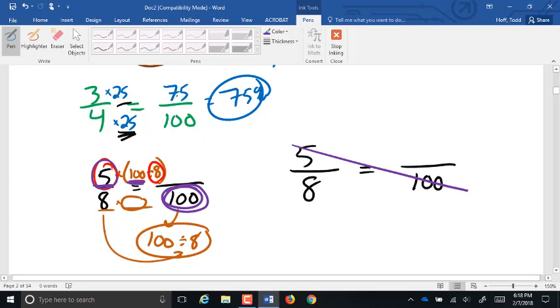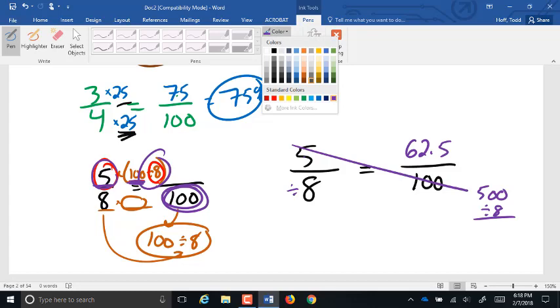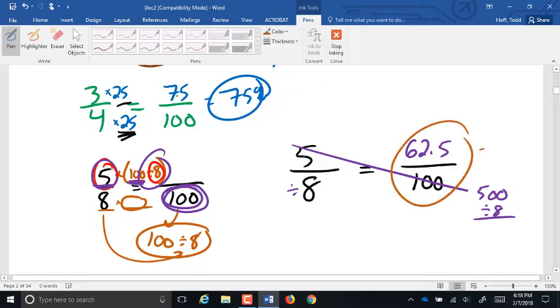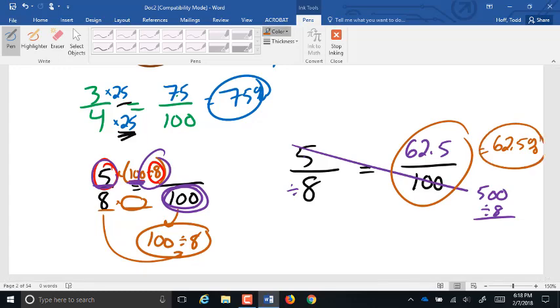That's what we call a cross product. So you cross multiply 5 times 100, which is 500. The two numbers that are diagonal with each other get multiplied. The third number we divide by, the 8. 500 divided by 8 is 62.5. So 62.5 over 100 is 62.5%.